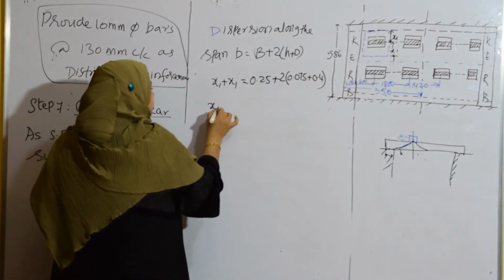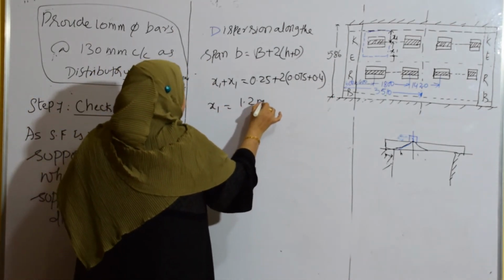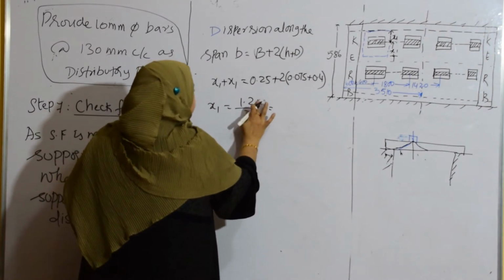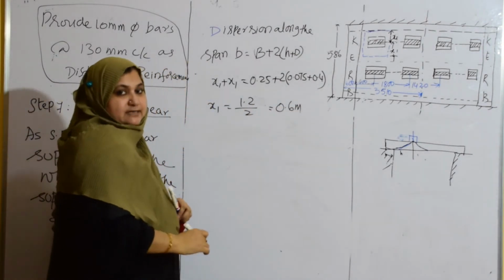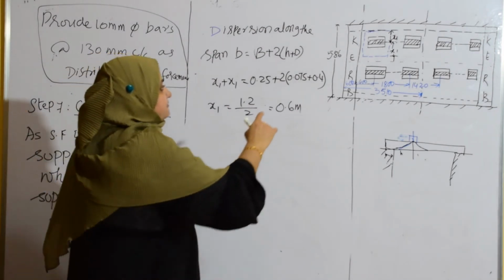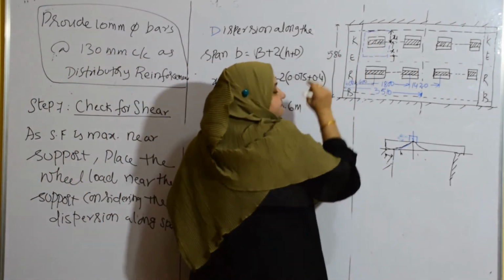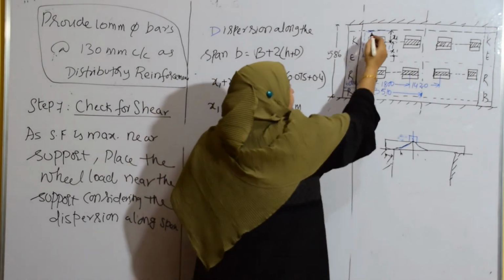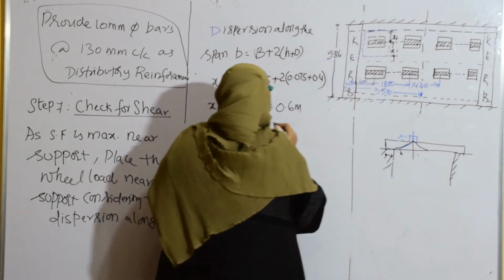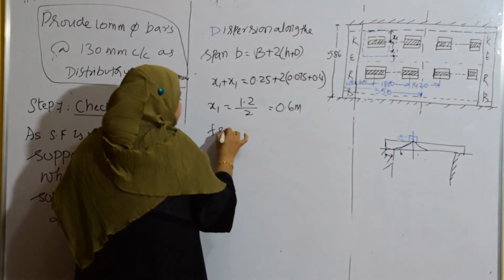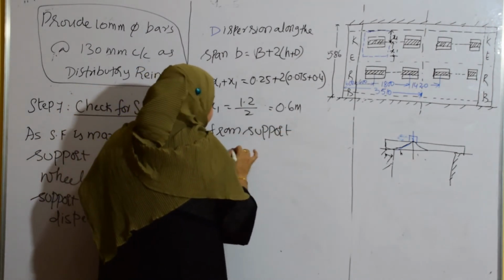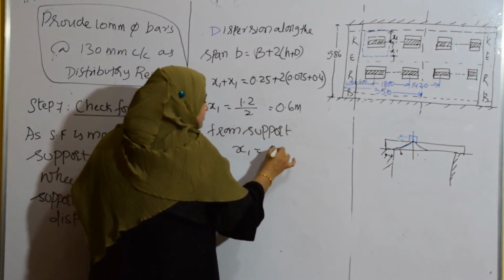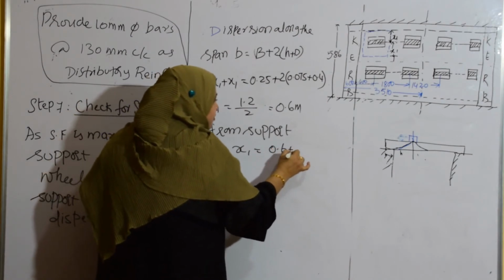So from this we get 0.6 meters from the free edge. If you want it from the support, x1 will be equal to 0.6 plus 0.18.